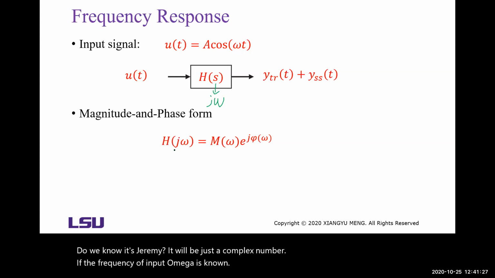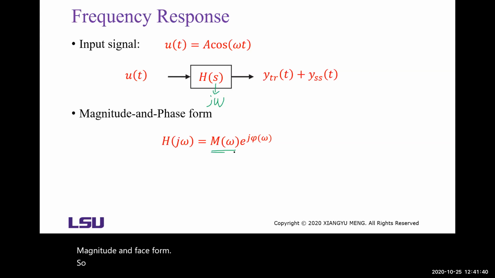Then we can write the complex number in the polar form. We also call it magnitude and phase form. So M will be the magnitude of the complex number H evaluated at the input frequency omega. And phi, we call it phase.